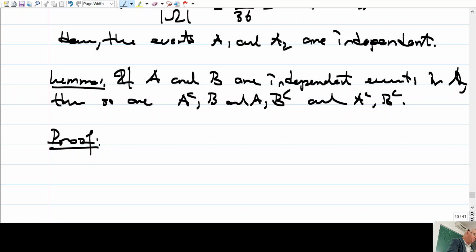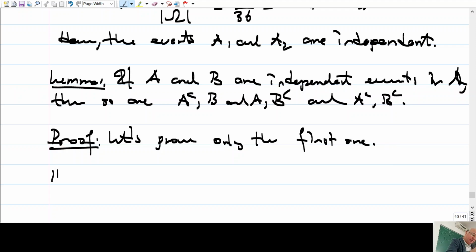Well, here is the proof. Let's prove one of them. The rest will be similar. Let's prove only the first one. The other ones are similar, so that's why I won't do them. What is PA?